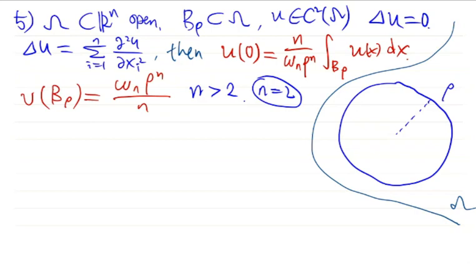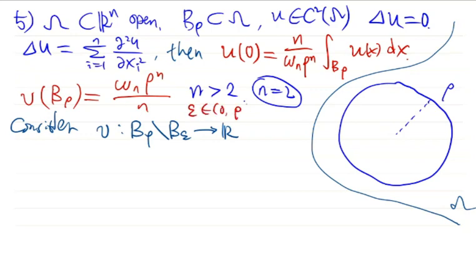We consider this function v defined on the ball of radius rho, removing the smaller ball of radius epsilon, where we take epsilon positive and less than rho. So this is the origin, and this is the ball of radius epsilon.